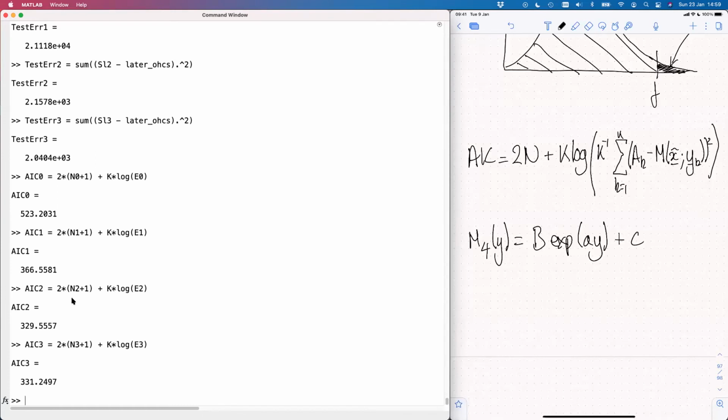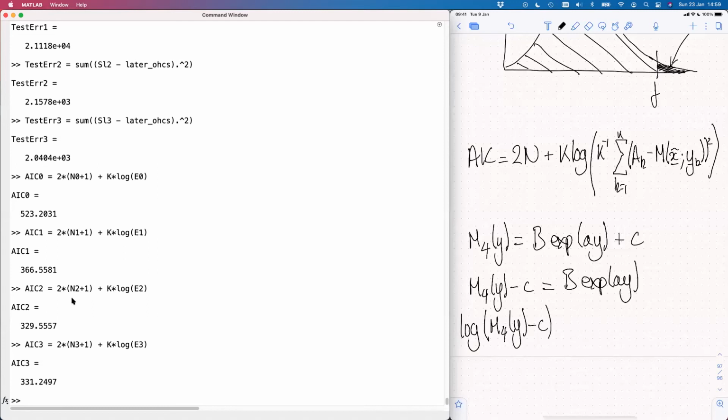I'm going to cheat slightly and find a way to linearize this model. And so first of all, if I just rearrange it slightly, I can write M4 of y minus c equals b e to the a y. And then if I take logs of both sides, I can write it like so.